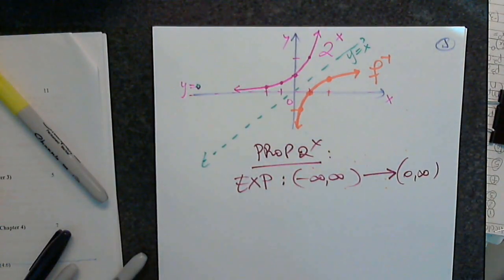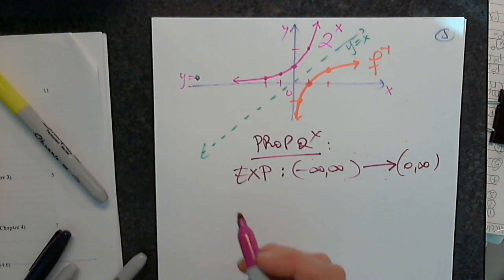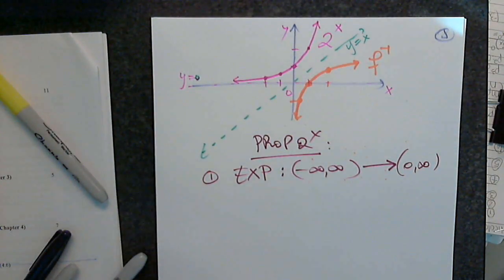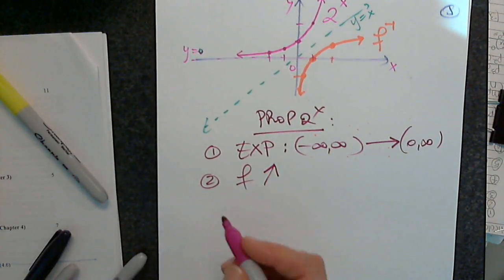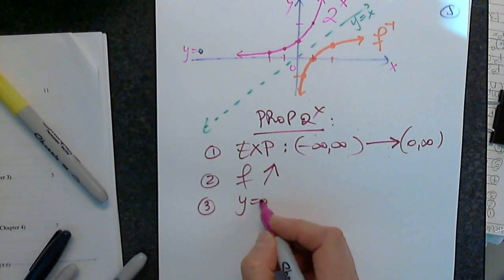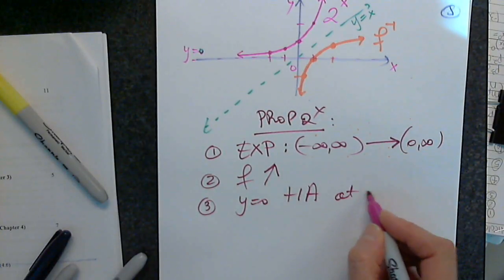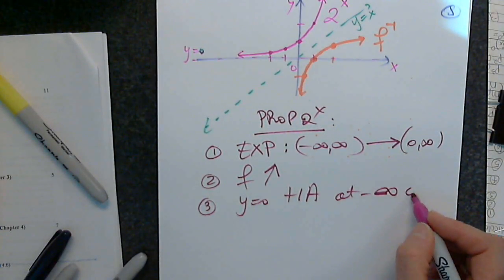Very good. That's the first thing, domain and range. Number 2, the function is increasing on all its domain. Number 3, y equals 0, horizontal asymptote at negative infinity only.